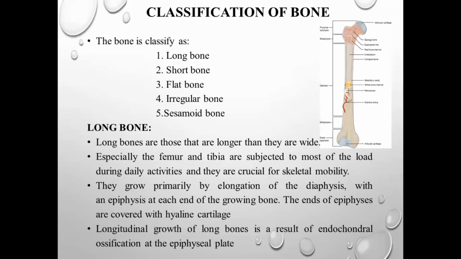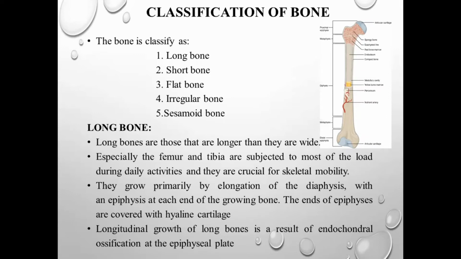Okay, right, now we'll come back to the topic where I left off. The epiphysis is covered with hyaline cartilage. There are different types of cartilages. So the longitudinal growth of the long bone is a result of endochondral ossification at the epiphyseal plate.